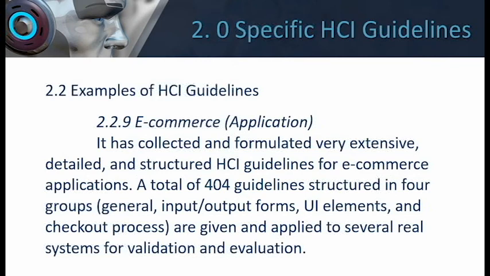So a total of 404 guidelines structured in four groups: general, input or output forms, UI elements, and checkout process are given and applied to several real systems for validation and evaluation. So if you're familiar with e-commerce, examples are online selling websites like Shopee, Lazada, Amazon, eBay. Those are examples of e-commerce.